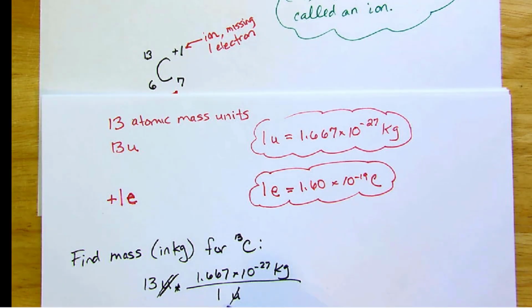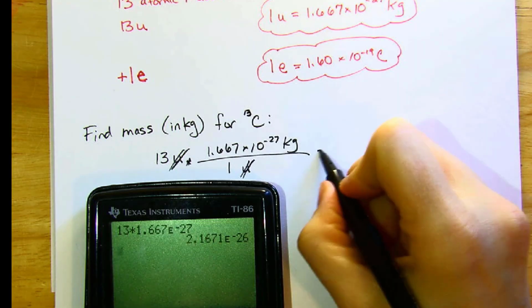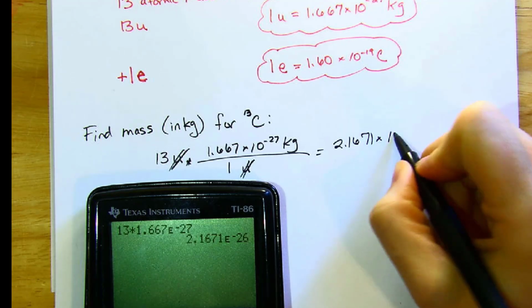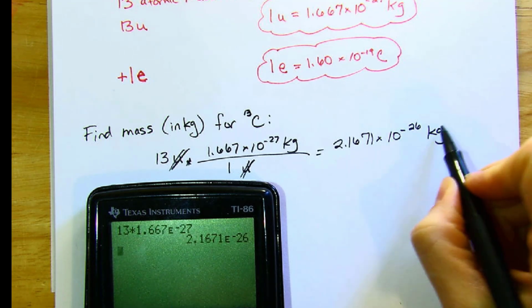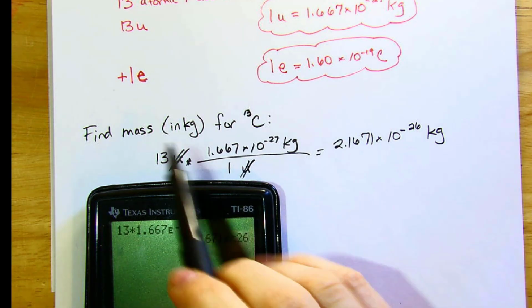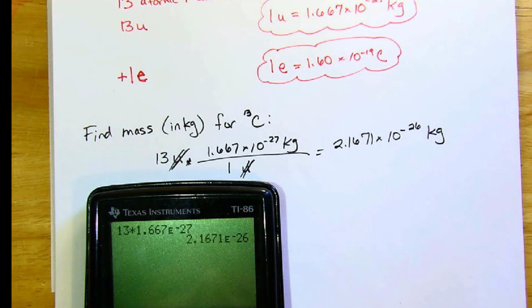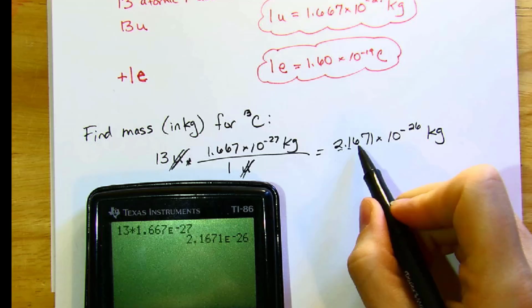Atomic mass units would cancel out. So 13 times 1.667 times 10 to the negative 27th, 2.1671 times 10 to the negative 26 kilograms, which is a very, very tiny amount of mass. And we're going to treat that 13 as a perfect 13, so we're going to ignore its sig figs. That was good to 4 sig figs, so I should probably just round this to 4 sig figs.